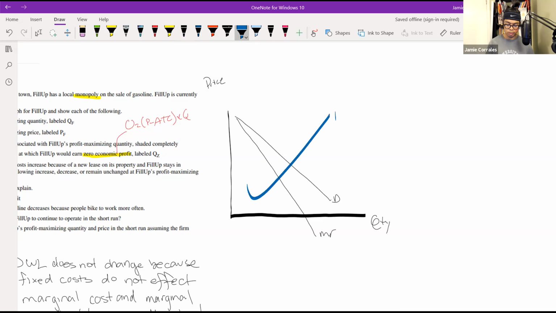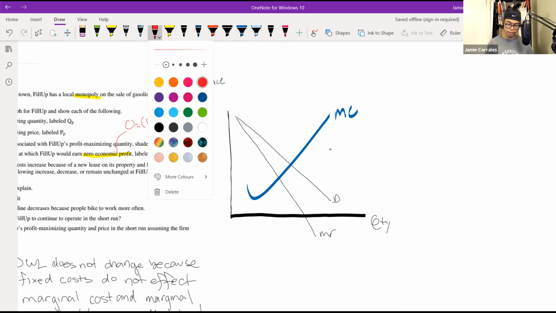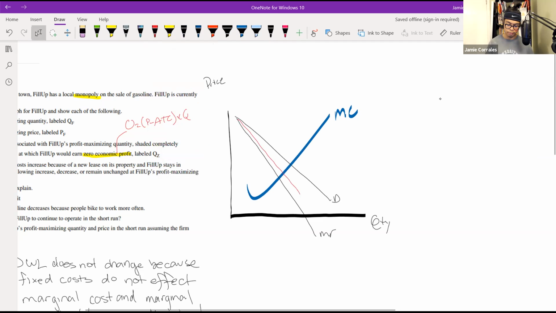So let's keep the marginal cost the same. And in red will be the shift of the demand curve, okay? So demand is going to shift to the left, let's say due to lower demand. And because of that, marginal revenue is going to shift, right? So previously, A was the old profit maximizing quantity, right?